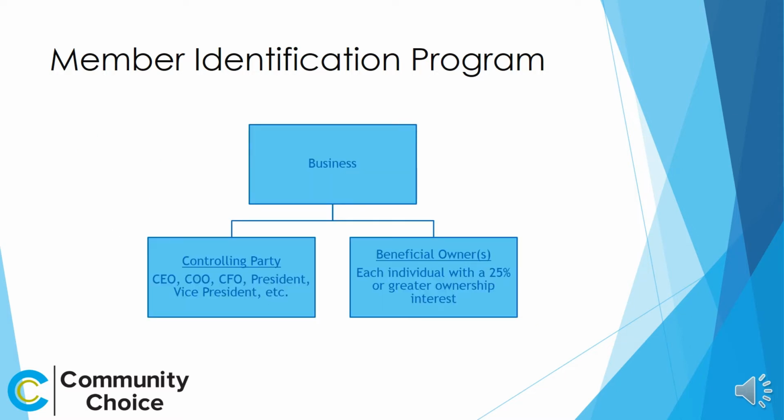We must identify one controlling party for the business, such as the CEO, COO, CFO, president, or vice president of the company. In addition, we must identify all beneficial owners of the business. A beneficial owner is an individual that owns 25% or more of the business.